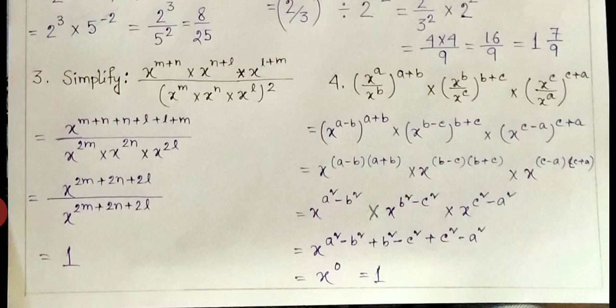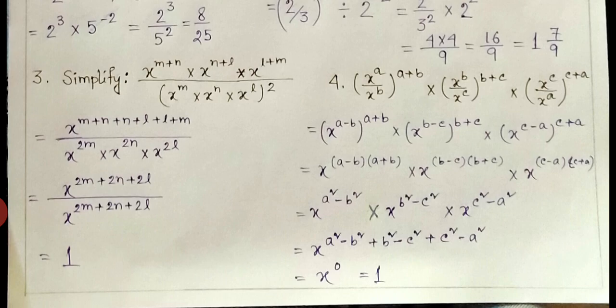As you can see, x to the power m plus n plus n plus l plus l plus m, and in the denominator the power 2 is multiplied with the 3 exponents, that means x to the power 2m into x to the power 2n into x to the power 2l.